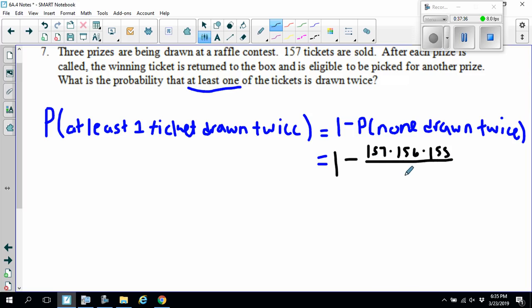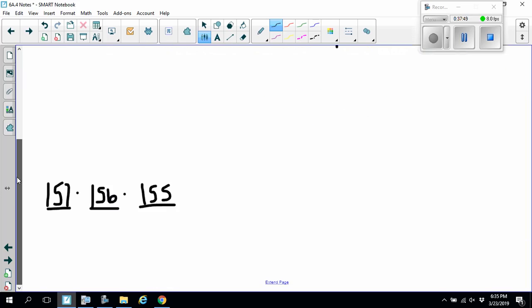But when we do our denominator, remember that's the total amount. So that means that all the tickets can be drawn twice, or once, or none. So we want all the options. Remember, there's 3 prizes. For the first prize, once again, you have 157.